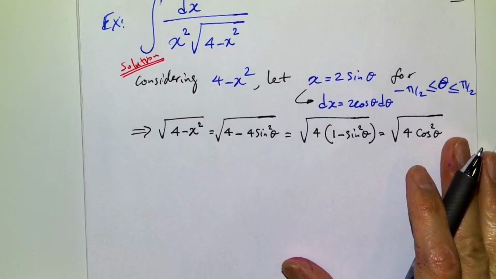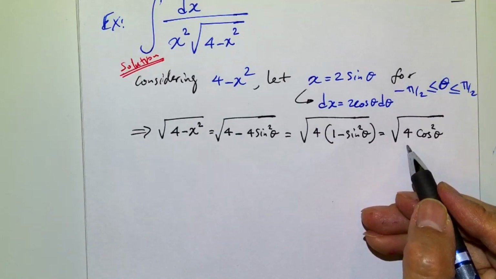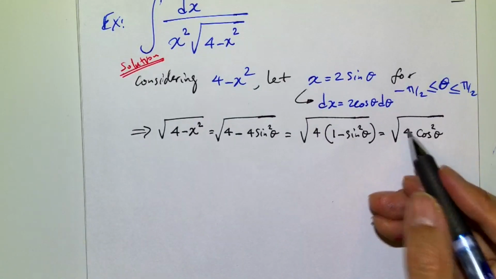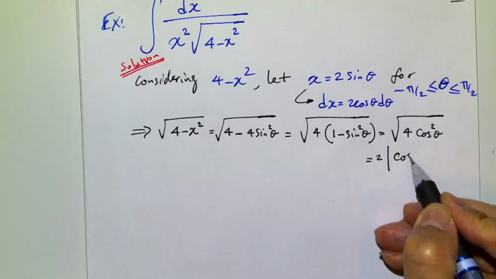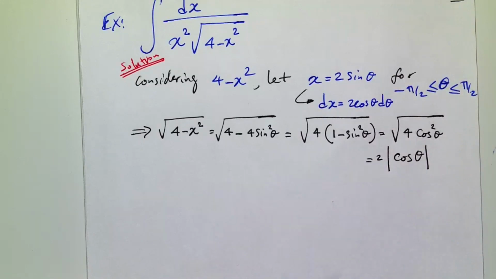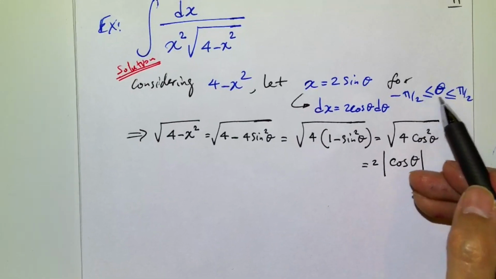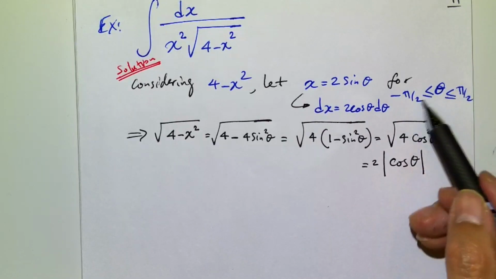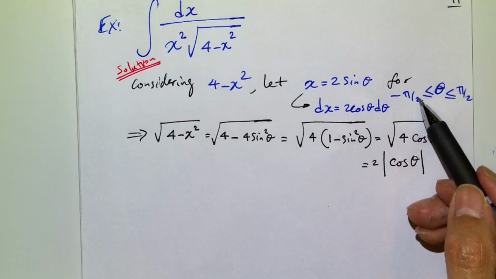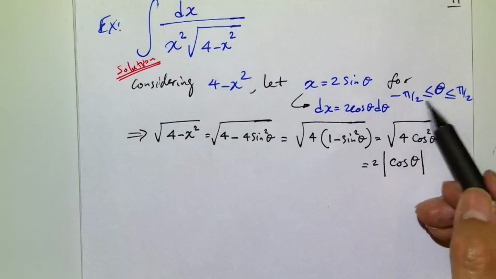So we'll end up with 2 cosine theta, right? So this would be equal to 2 cosine, well, absolute value of cosine theta, but when theta is between negative pi over 2 and pi over 2, which swings back and forth between the first and the fourth quadrant, cosine of theta is positive anyway.